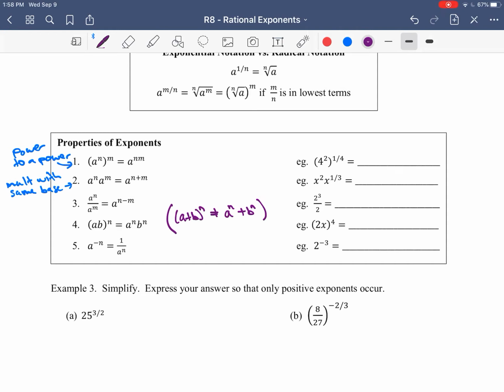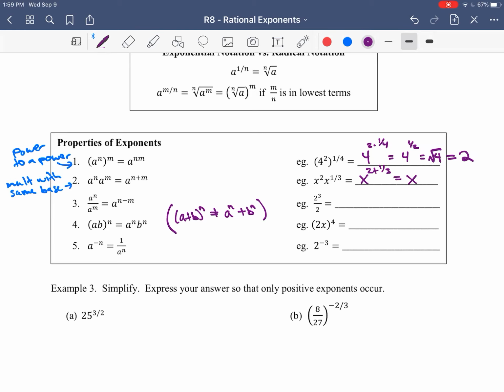So 4 to the power 2, all to the power 1 over 4. This is going to be 4 to the power 2 times 1 over 4. So that's 4 to the power 1/2, the square root of 4, so that's going to be 2. Similarly, x squared times x to the 1/3 is x to the 2 plus 1/3.